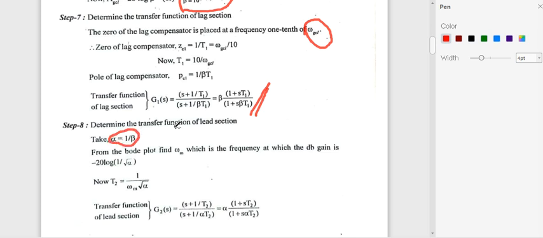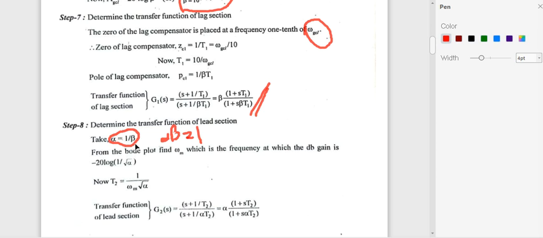We already discussed that alpha into beta equal to 1 is the condition of a lag-lead compensator. From the lag section we got the value of beta, so in the lead section alpha is equal to 1 by beta.